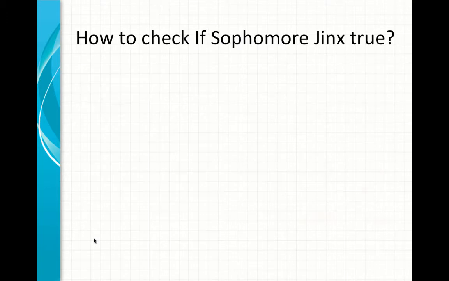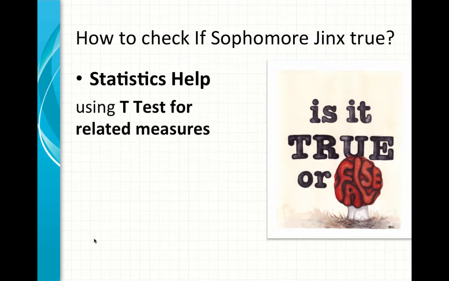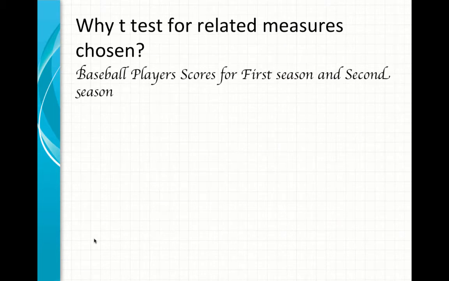So how do we check if Sophomore Jinx is true? In this presentation, we have used statistics to calculate whether this phenomenon is actually true or not. We have used the t-test for related measures to calculate the Sophomore Jinx. Why was the t-test for related measures chosen?